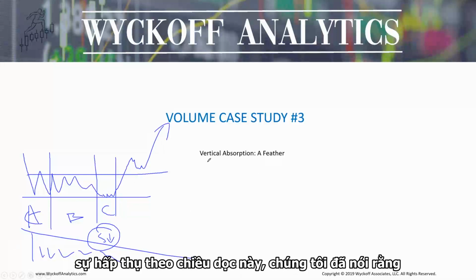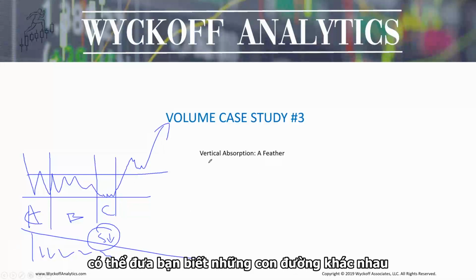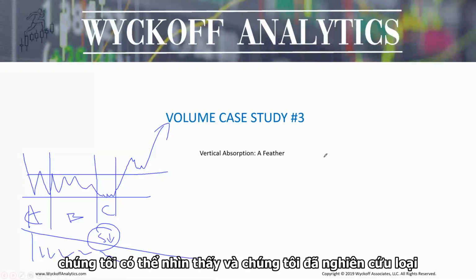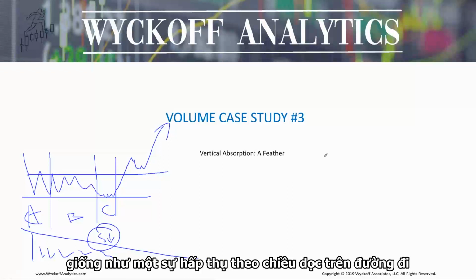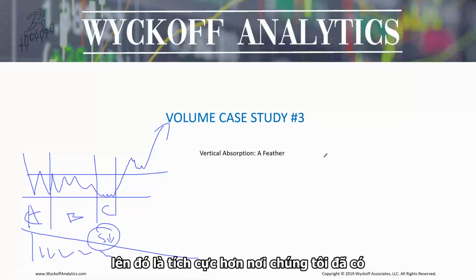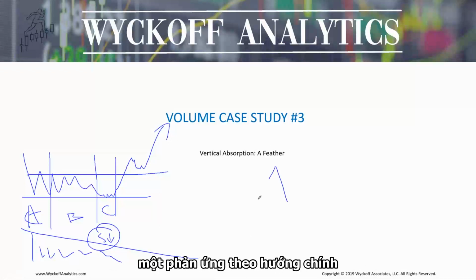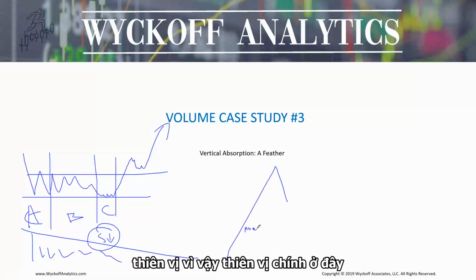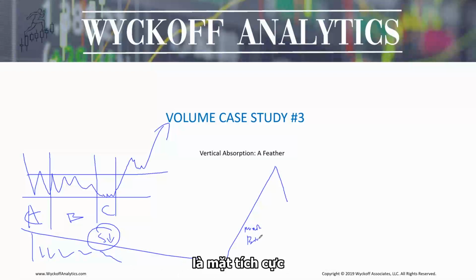Vertical absorption, we said, could take different paths. We've studied a vertical absorption on the way up, which is more aggressive, where we had a reaction in the direction of the main bias. So the main bias here is to the upside.